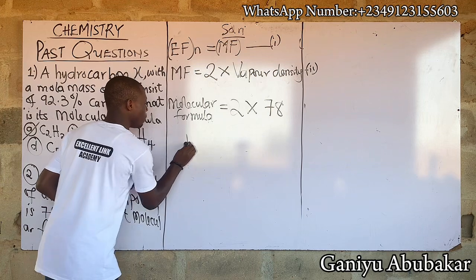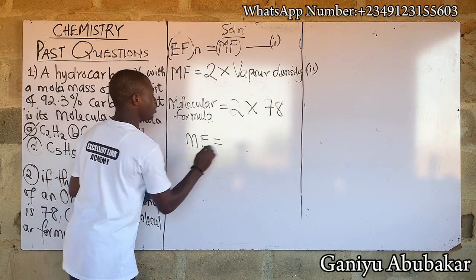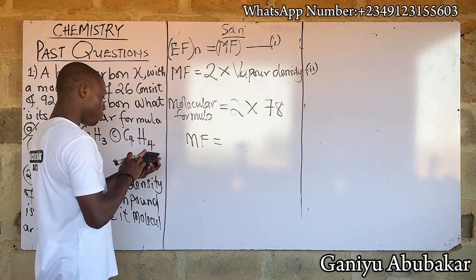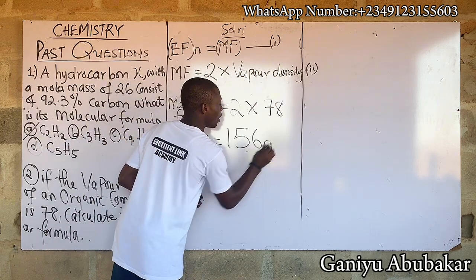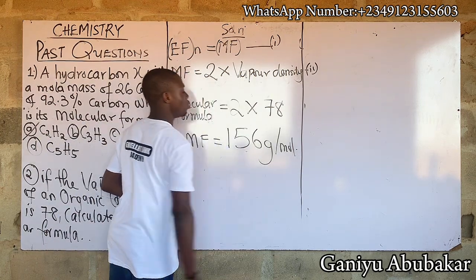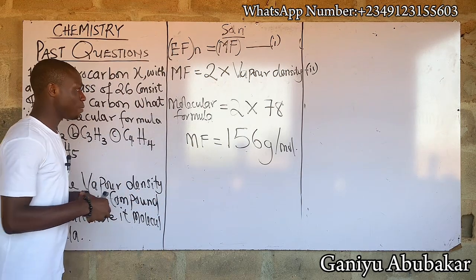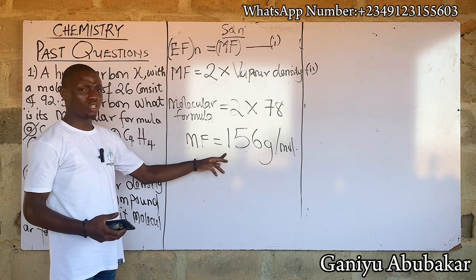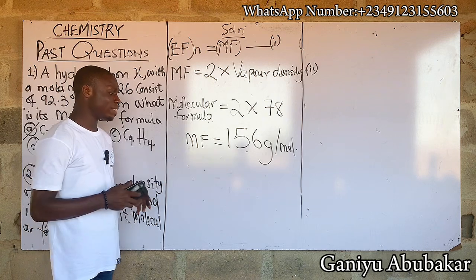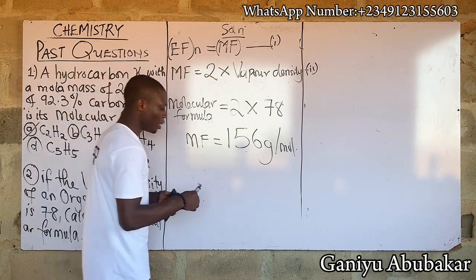So my molecular formula is 2 times 78. I have 156 gram per mole. So this is my answer to this particular question. Observe the options I gave you. This one should be there. That's option A.